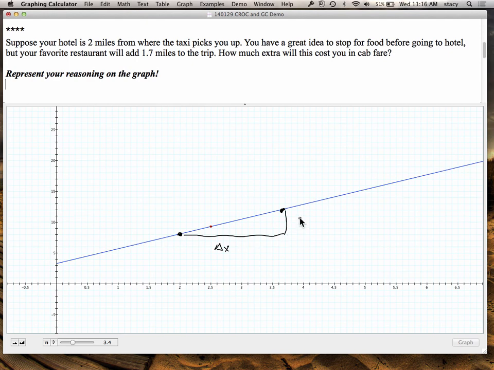And that's going to represent what? This is change in y, which in context represents the increased cost of going to get my food, okay? Not counting the price of the food. Okay, so how do I make those things appear mathematically, okay?